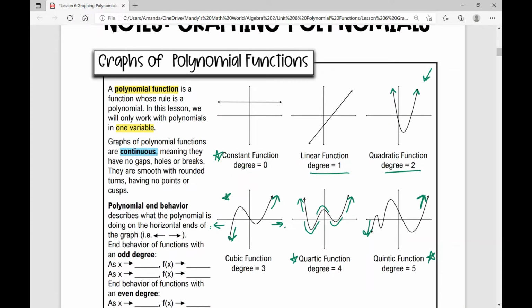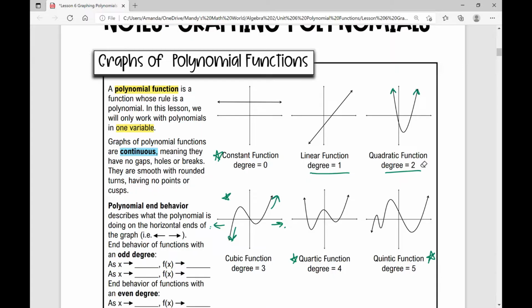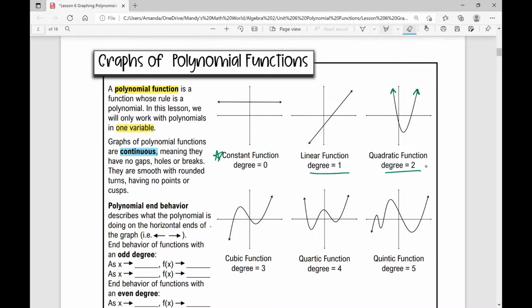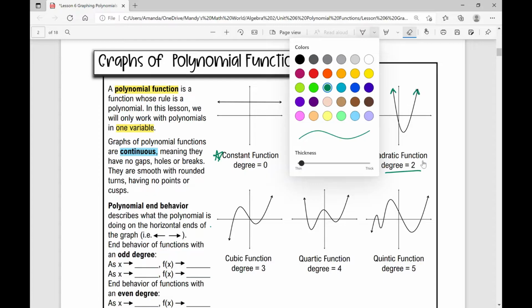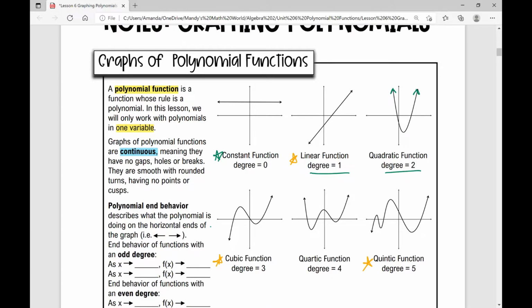So those odd degree functions, and let me erase some of this because there's a lot going on. Odd degree functions are like this linear, this cubic, this quintic. Those are odd degree functions, and they end in opposite directions.